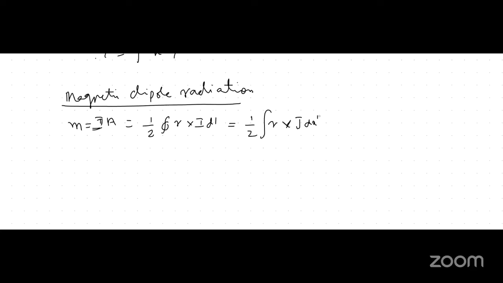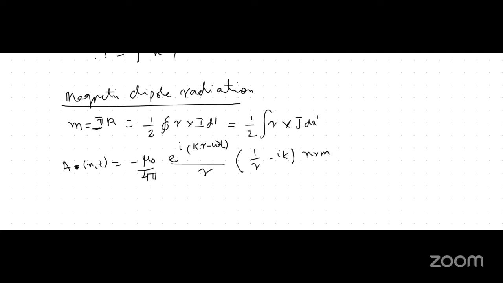The vector potential A of x,t is equal to minus mu naught by 4 pi times the exponential of i(k dot r minus omega t) by r, and in this, if we substitute 1 by r minus i k, into x cross m, we have the equation.